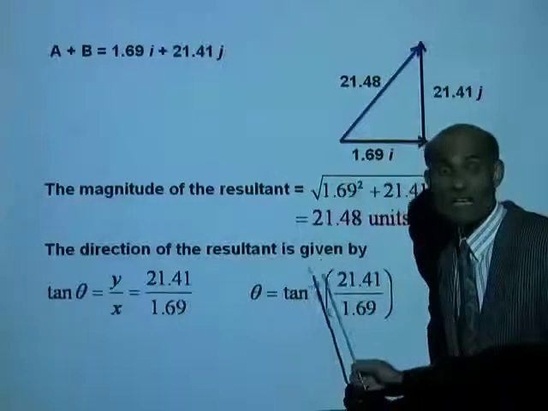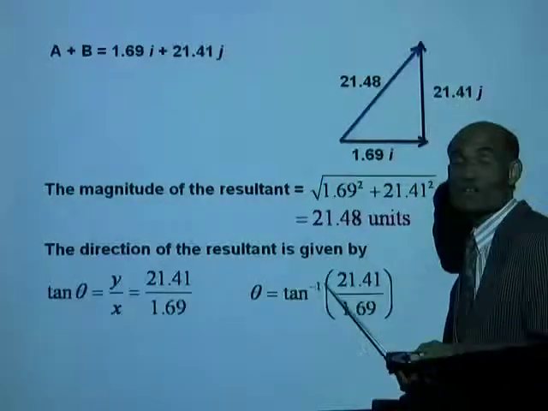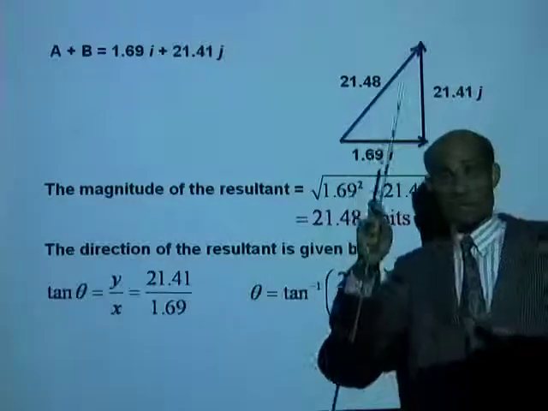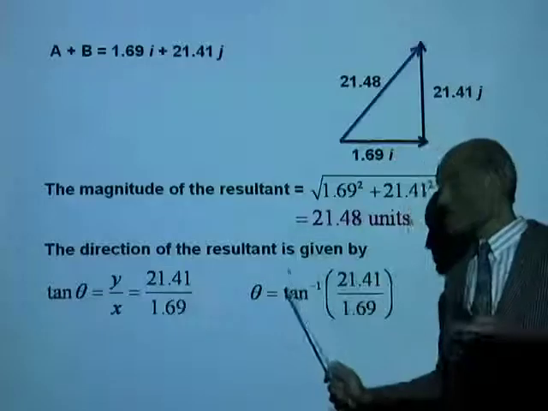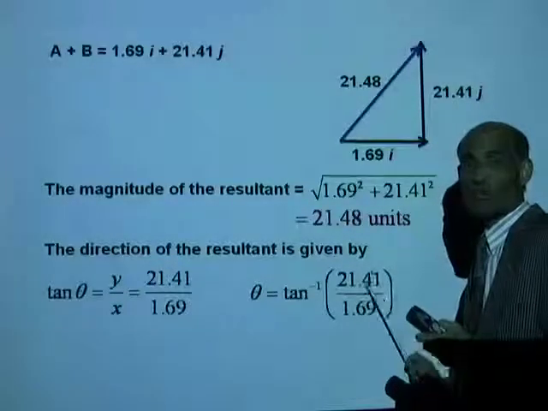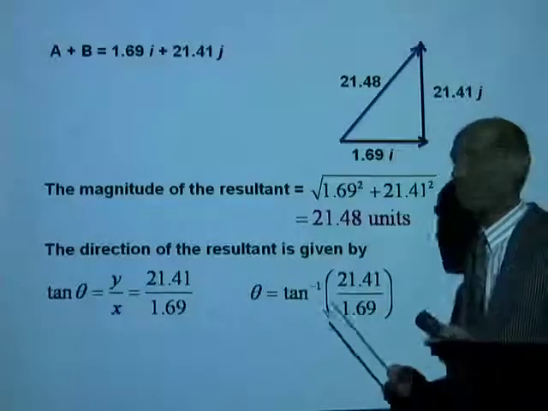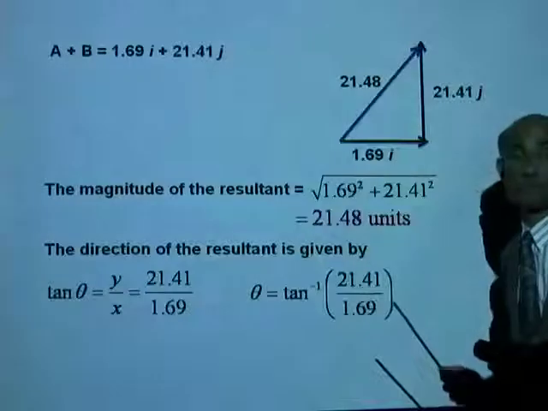So in your calculator, punch this in. Tan inverse of, use a parenthesis, 21.41 divided by 1.69, parenthesis closed, and what does that give you?